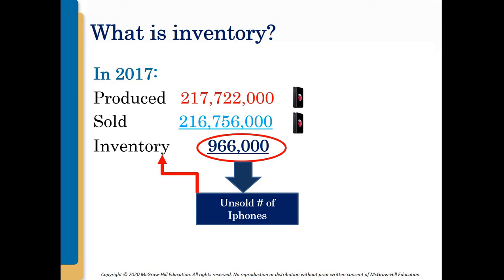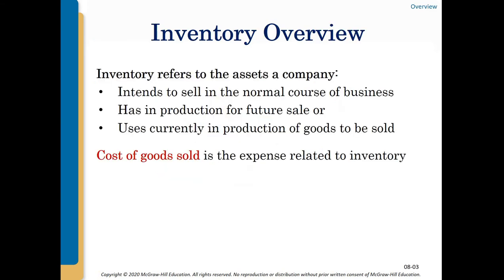So what is inventory? Inventory is the unsold iPhone, the iPhone that has not been sold. So inventory means goods that the company intends to sell in the normal course of business, has in production for future sale, or uses currently in production of goods to be sold.